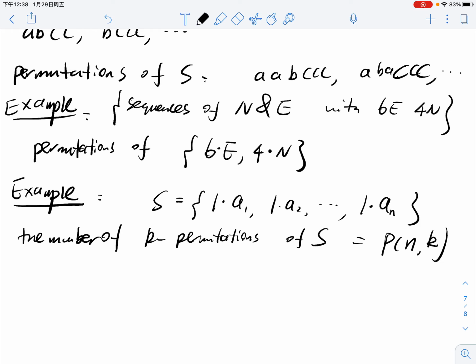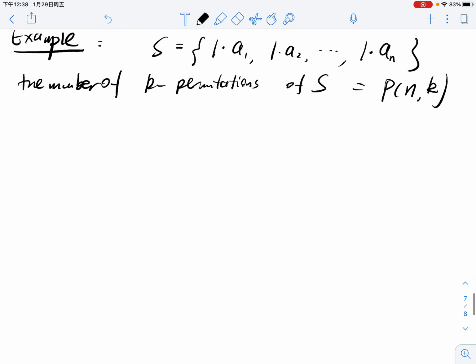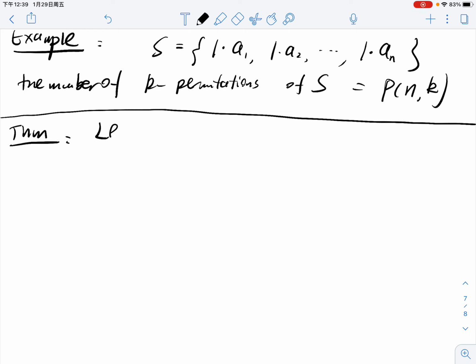Okay, and then the natural question is how to compute the number of k permutations. The easiest case is when the multiplicity is infinity.